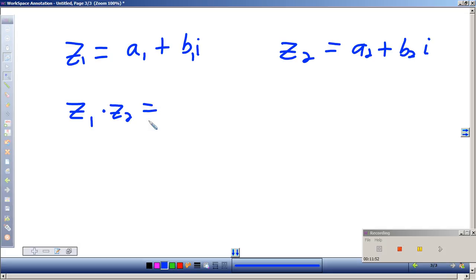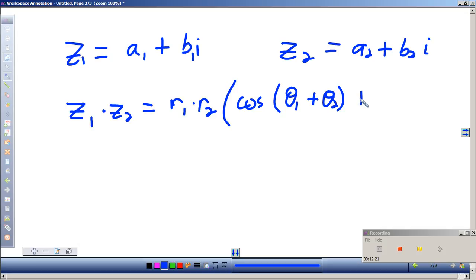If we're doing it in trig form, what we're going to get is r1 times r2, cosine of theta 1 plus theta 2 plus i sine of theta 1 plus theta 2.